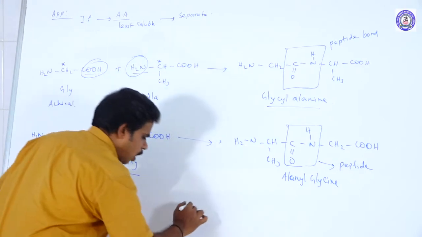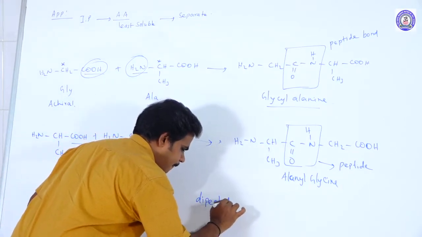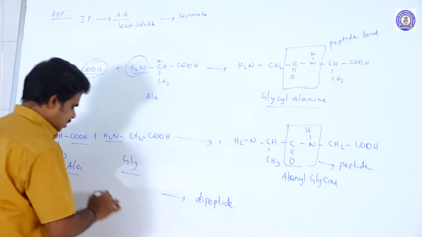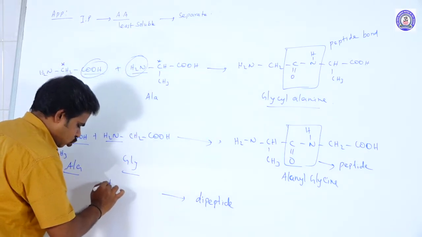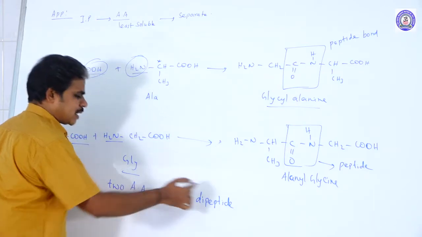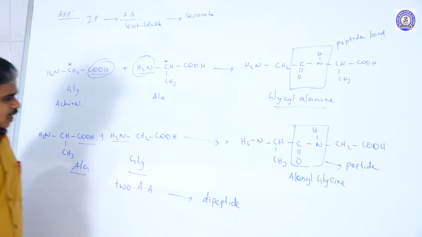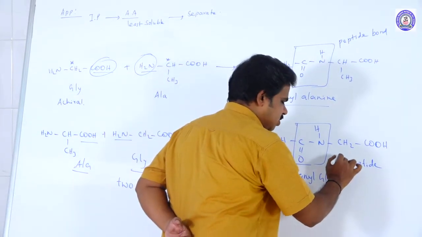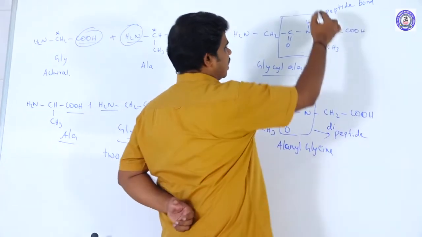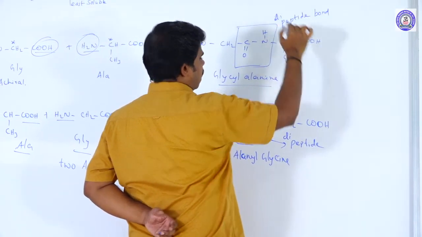What do you mean by dipeptide? Dipeptide means two amino acids are joined to form a dipeptide.